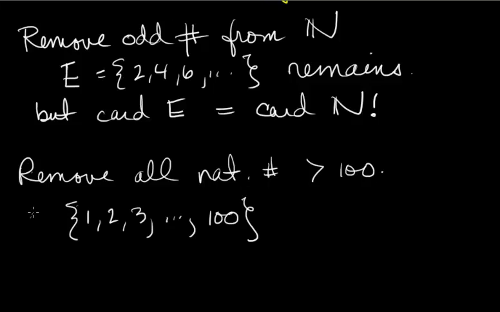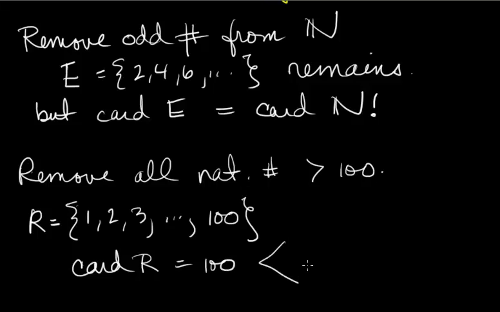Let's call it R for remaining set. Okay, well here the cardinality of R is simply 100. There's 100 things in there. It's finite. And of course that is less than the cardinality of N, which is aleph naught. So that's about where we were.